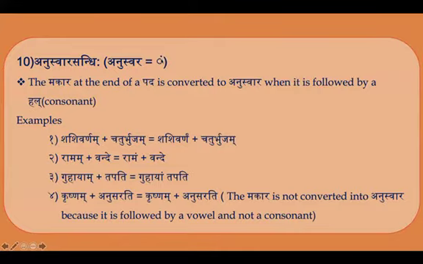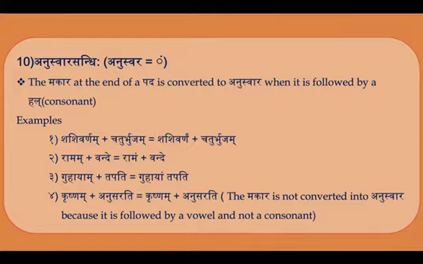But if it is followed by a vowel, the makara remains a makara. So the makara at the end of a pada is converted to Anuswara when it is followed by a hal consonant. If it is followed by an ach, there is no sandhi; the makara remains makara.